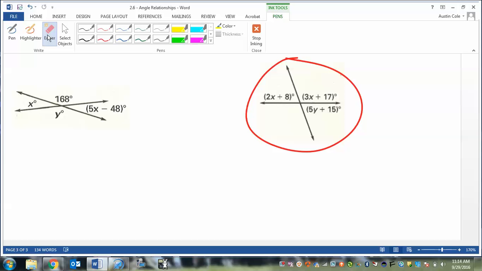So it'd be 5x is equal to 155. Here's 30. So about 31.